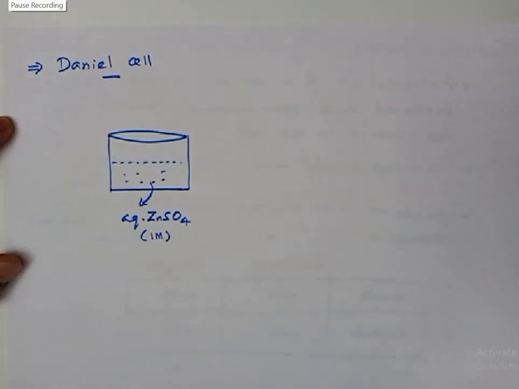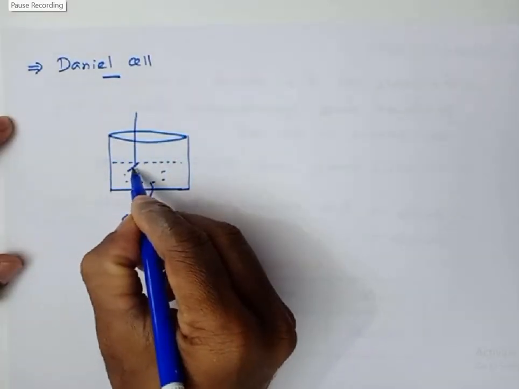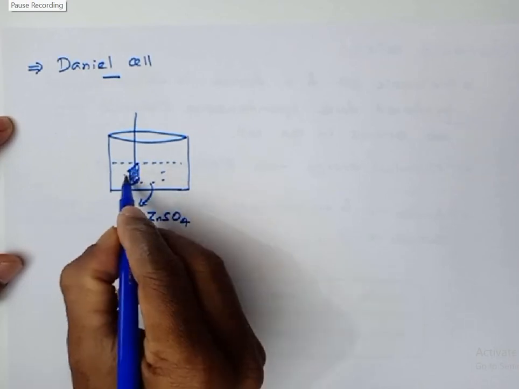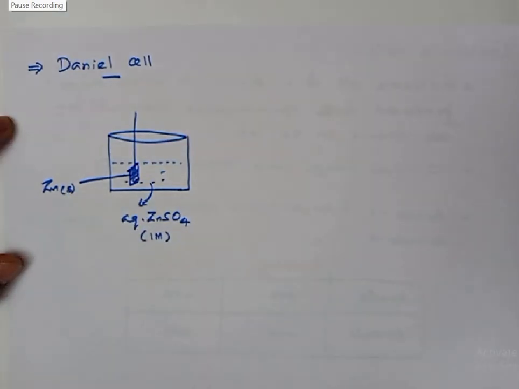I'll take a 1 molar solution of zinc sulfate in one container, and I'll immerse a zinc electrode here. It's a zinc rod actually, a solid rod. So the zinc rod here acts as the electrode.